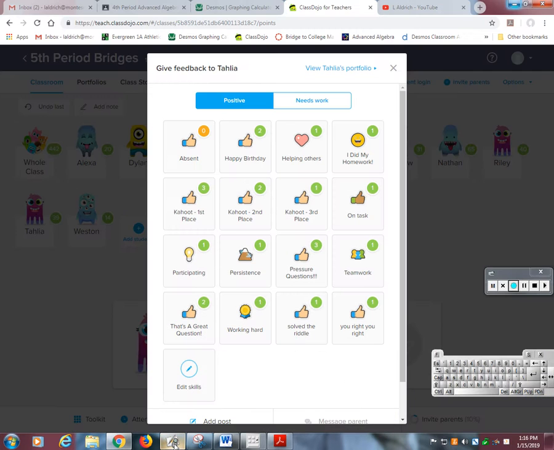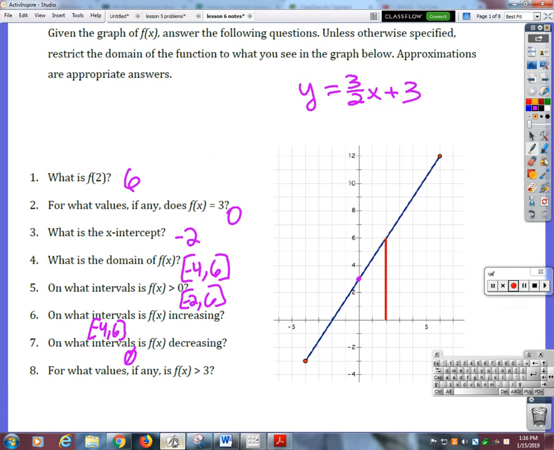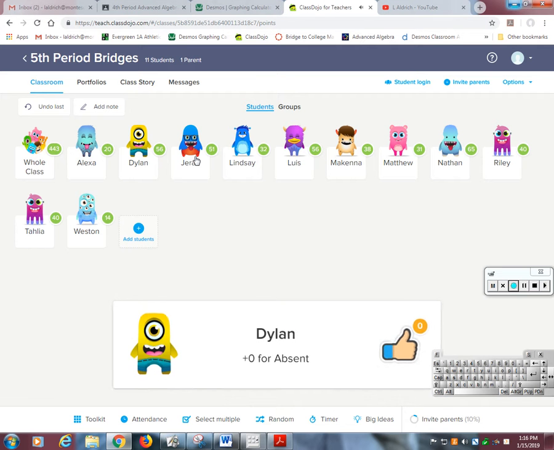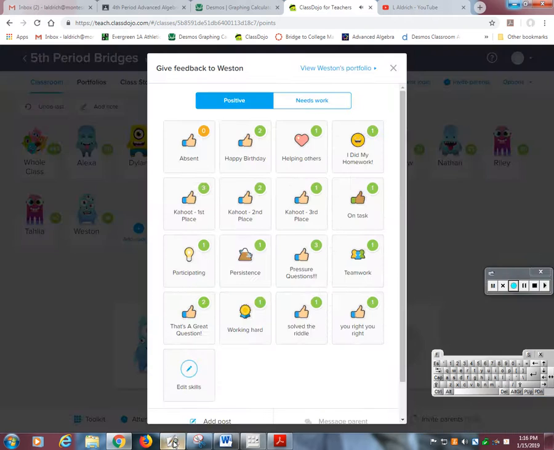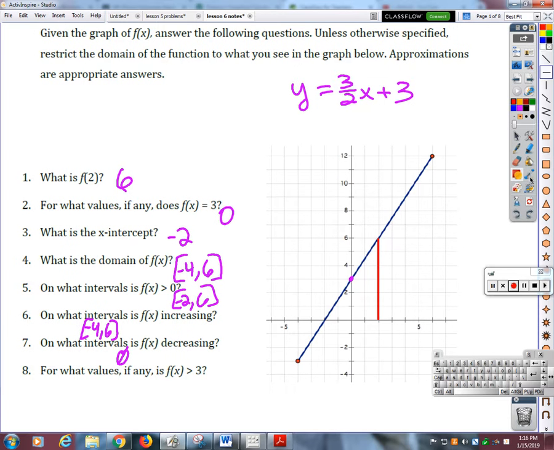Okay, then where is the graph greater than 3? We did greater than 0 already. Now we need to find where it's greater than 3. So Weston, for what values of x is the graph greater than 3? You just look at the graph and find where it equals 3, which is right here, right?